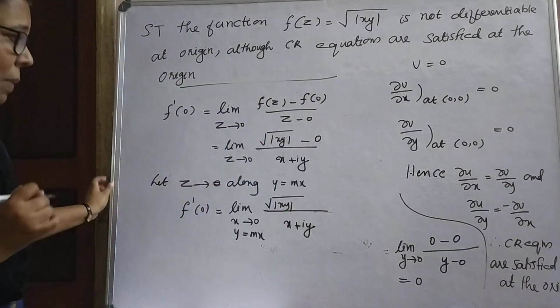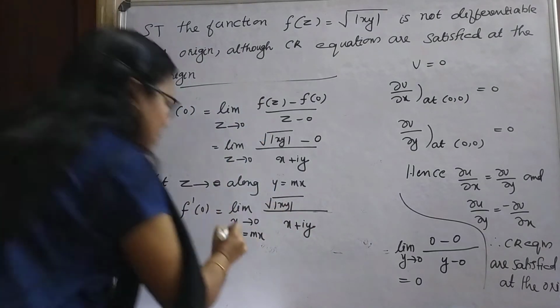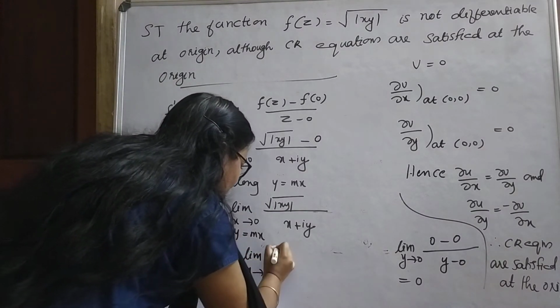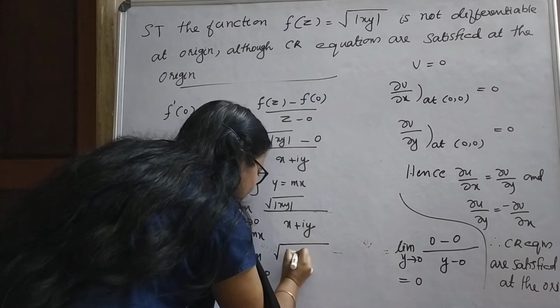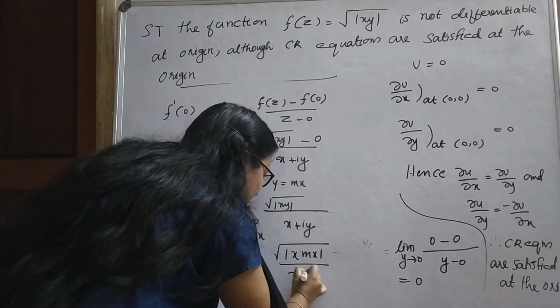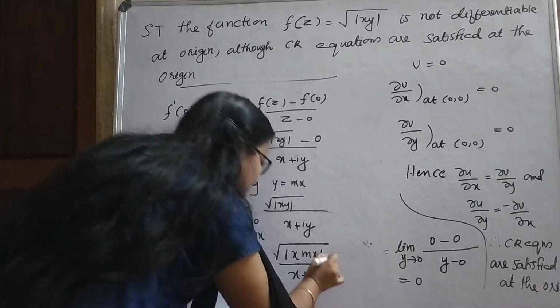Now replace all y by mx, which is equal to limit x tending to 0 root mod x into mx by x plus imx.